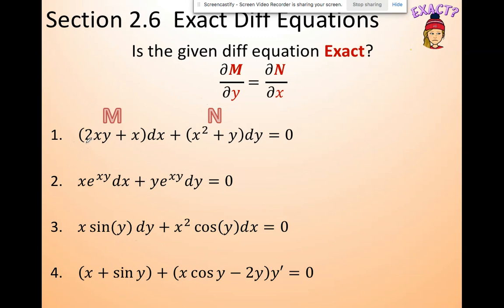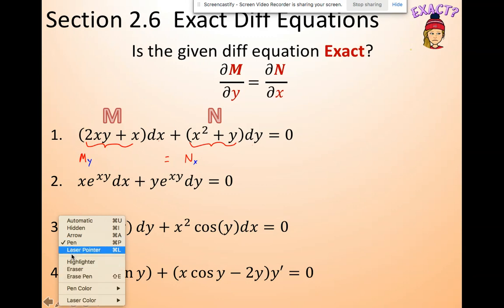So remember, this is already a derivative with respect to x. This is already a derivative with respect to y. So all I need to figure out here is the partial of m with respect to the other variable equal to the partial of n. So hopefully this isn't too hard.